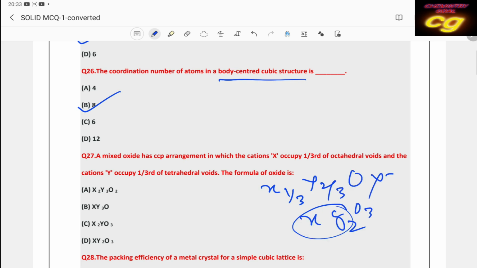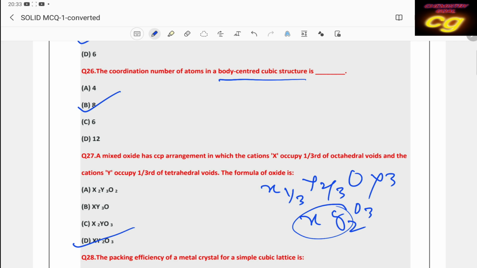When you multiply by 3, X will be 1, Y will be 2, and O will be 3. So X Y2 O3. Which is the correct answer? X Y2 O3, so D is the correct answer.